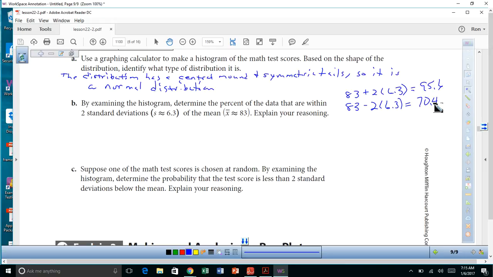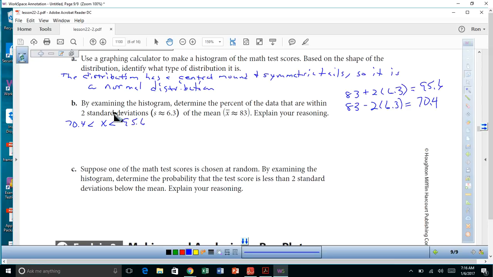Okay, so our interval is 70.4 is less than x is less than 95.6.